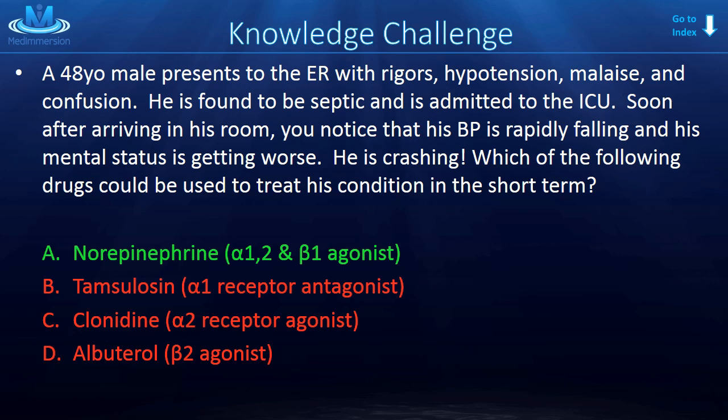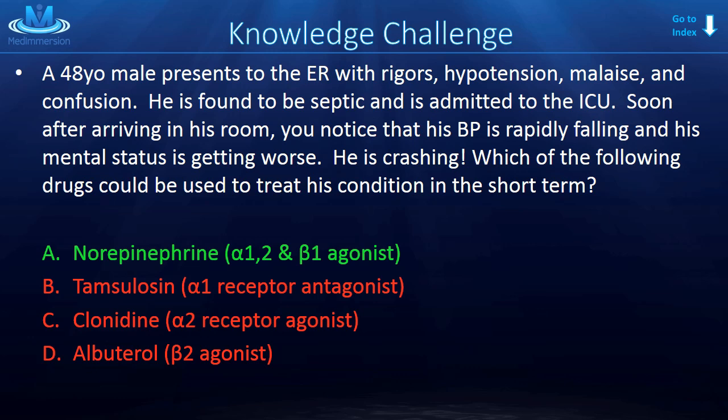Well, alpha-2 seems to be contradictory, doesn't it? And technically it is, but it's overpowered by the alpha-1 and the beta-1, because what's beta-1 going to do? Beta-1 is going to increase the chronotropy, inotropy, and dromotropy of the heart. So the heart's going to beat harder, and you're going to have the peripheral vasculature clamp down. So all in all, you're going to get a pressor effect out of norepinephrine.